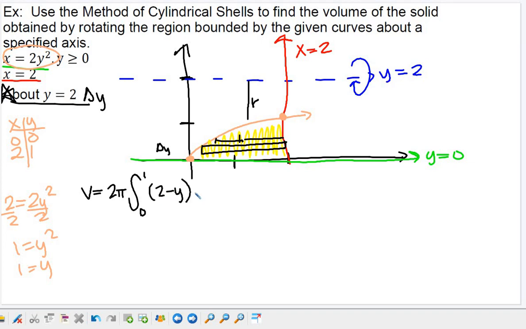So if it had been above the axis of rotation, you would have subtracted the other direction. Okay? And then my height is between these two functions. This is a function. X equals 2 is a function. So 2 minus this distance here to this function, to the orange function, will be 2 minus 2y squared. And then, of course, delta y becomes dy.